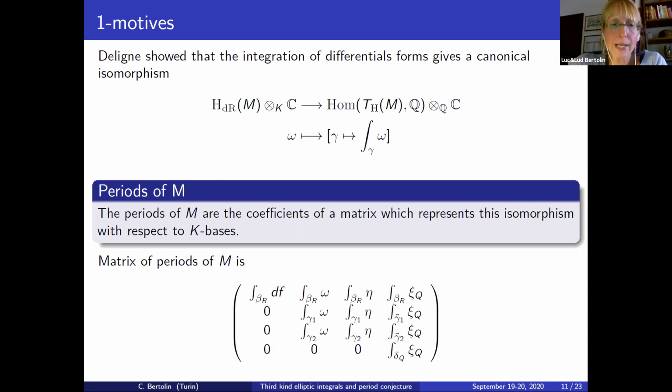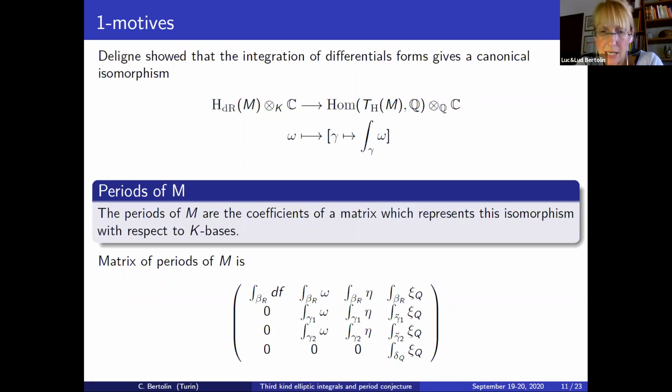So in our case, with the basis that we have chosen, the matrix of periods of M is the following one. We have the integral along beta R of Tf.